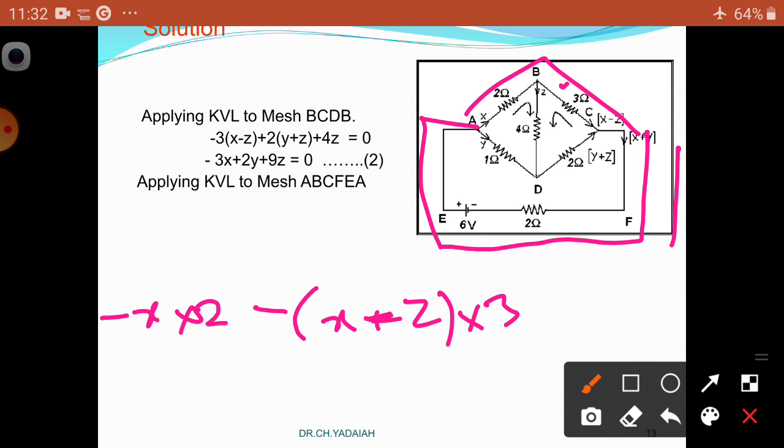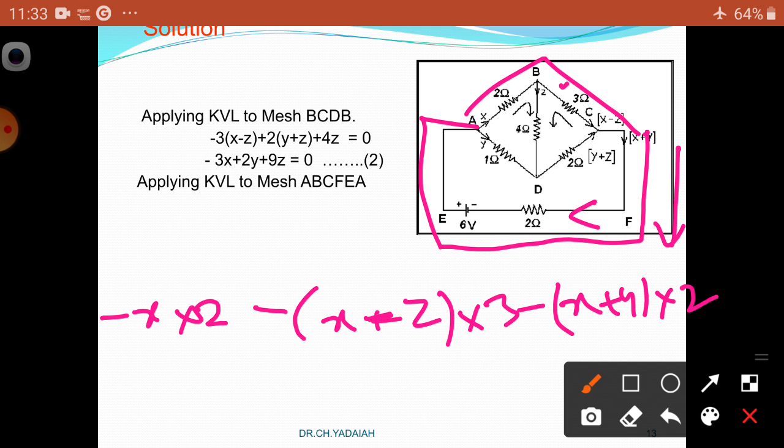Okay, now C to F, no current, no drops. Next F to E, this current is coming here. This current and this current are in the same direction, so you take the minus. What is the current? X plus y, into the resistance 2.